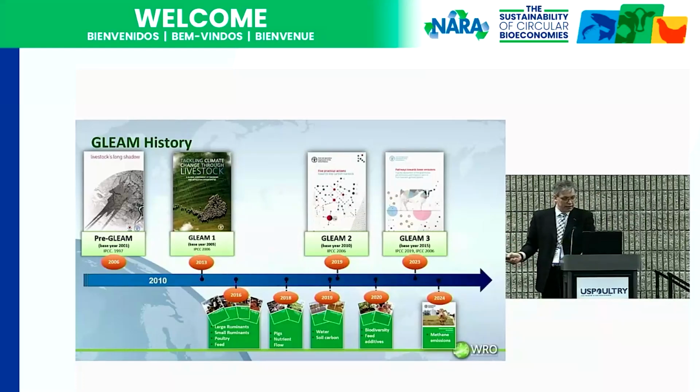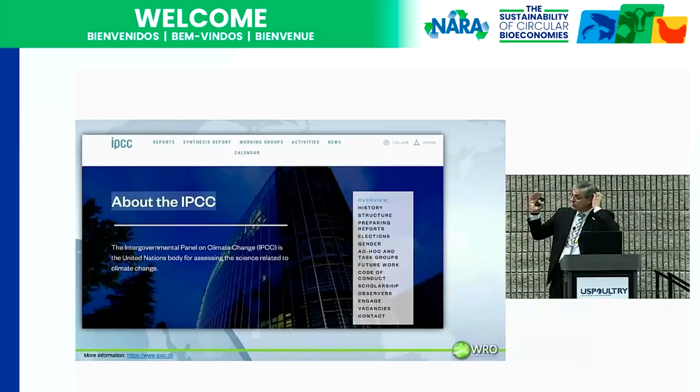Not just that, we also have to understand that there is the IPCC. The IPCC is the Intergovernmental Panel on Climate Change. It's a United Nations body founded in 1988 that evaluates climate change.